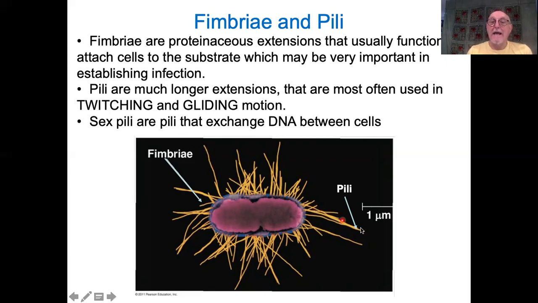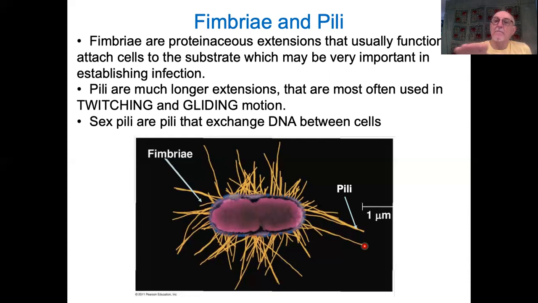And these are the pili. And the pili have various functions, but in certain bacteria, one of their functions is to impart another kind of motility to bacteria. Some bacteria, especially cyanobacteria, can actually glide across a surface.